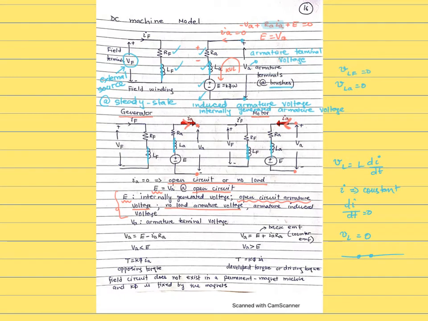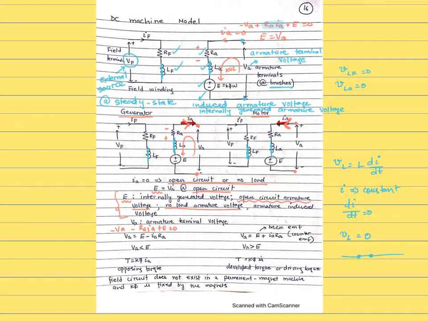So a quick KVL in here. That's the generator, my apologies. Minus VA, and with that direction, minus RAIA plus E equals 0.